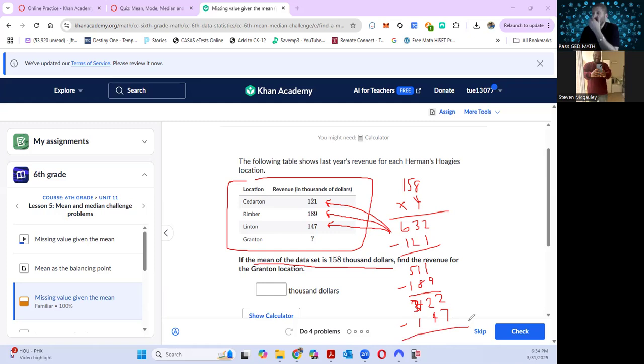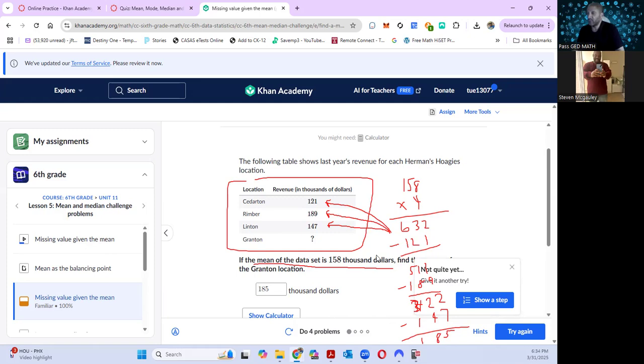Tell me what you get. 185. So there's no more to subtract. That's our answer. Let's see if that's it. We're going to put in 185 right there and check it. It said not quite.